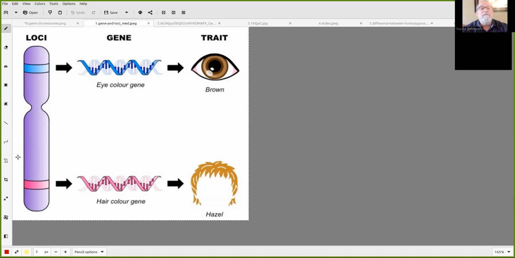You get each of these chromosomes from one parent. So you may have gotten, say, the brown colored gene on the chromosome 1 that you got from mom. Maybe it's a different color from the one you got from dad. That's going to control what your eye color is. It's not going to be exactly like mom's, not exactly like dad's.